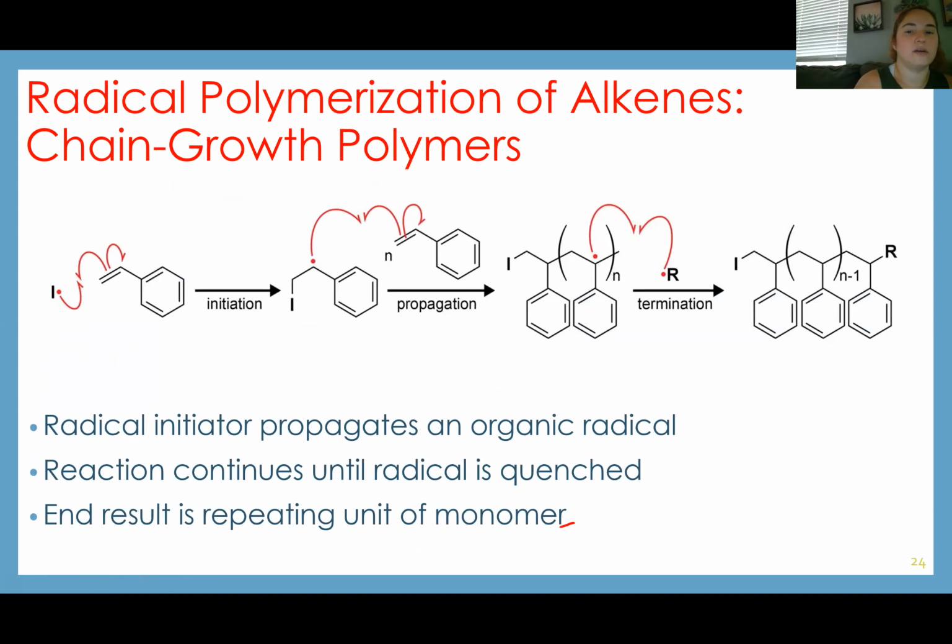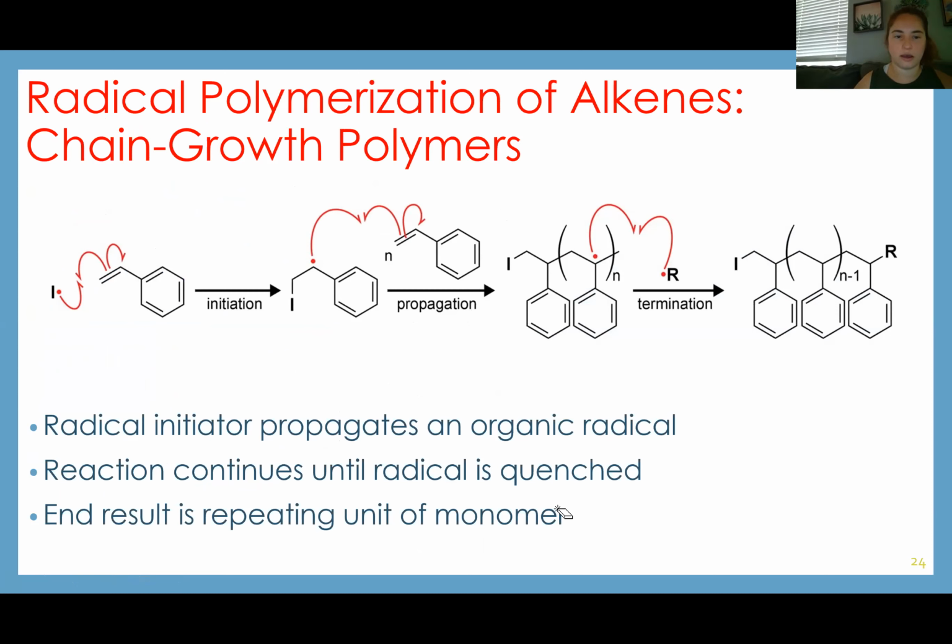So the radical polymerization of alkenes is pretty straightforward. This is how a chain growth polymer is created. There are a couple different types of polymers, but we don't really talk about them too much in this course.